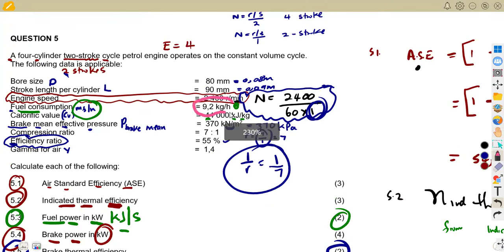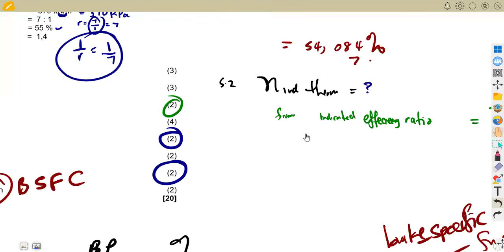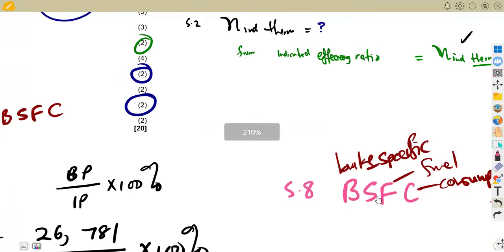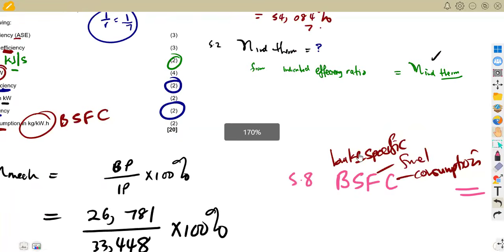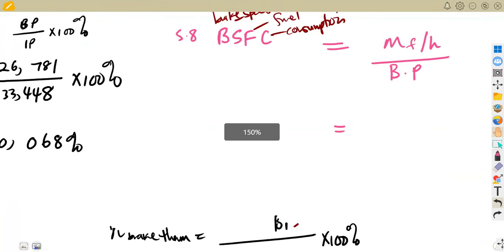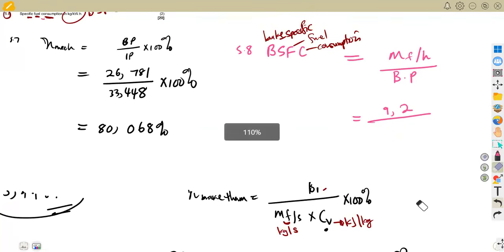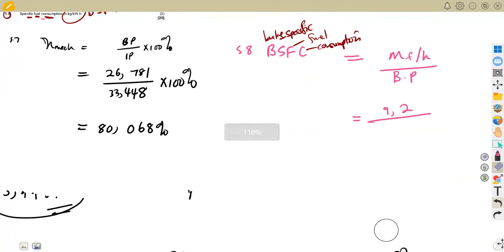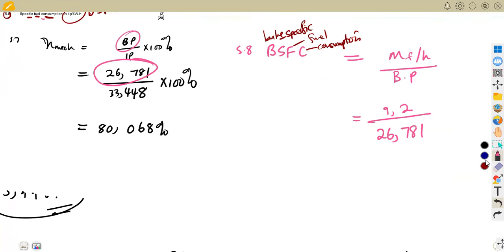It was given as 9.2 kilograms per hour, as it is. There's nothing that you're changing there. So this is 9.2 kilograms per hour over the brake power. All right. We calculated our brake power, guys. This was our brake power here, which is 26.781. This is a value that we calculated before.